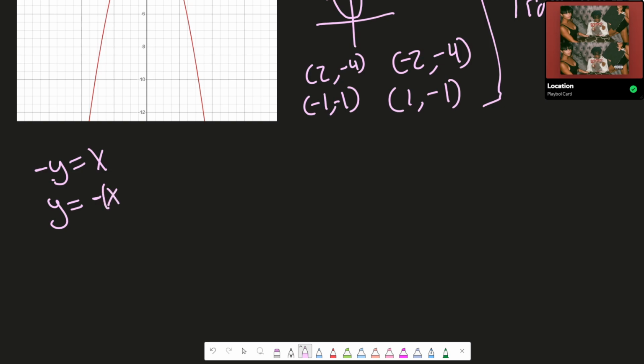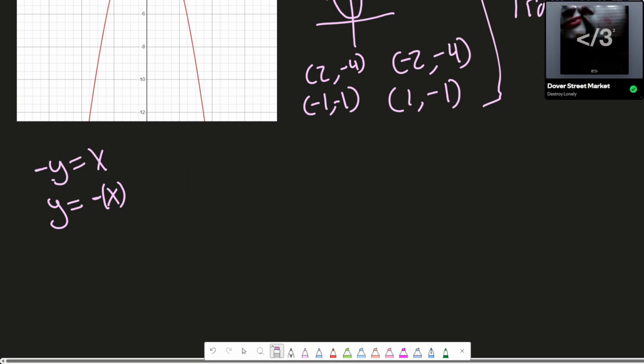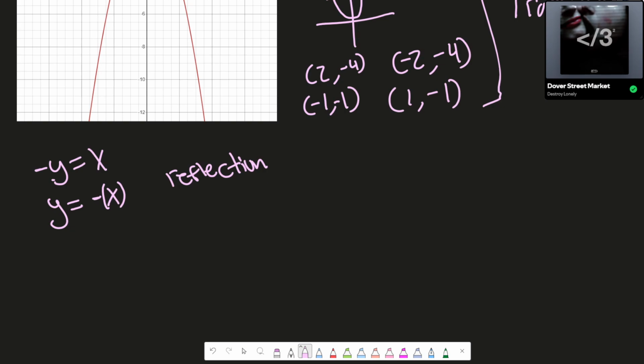So when we see a negative outside of the x, we can often assume that the transformation itself is a flip, or let's say reflection, around the x-axis.